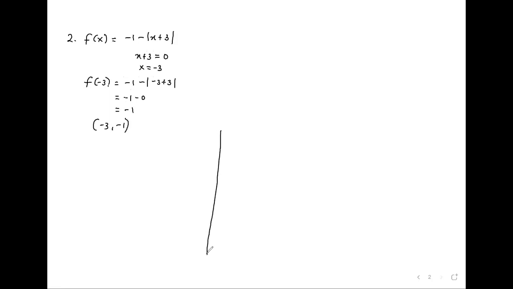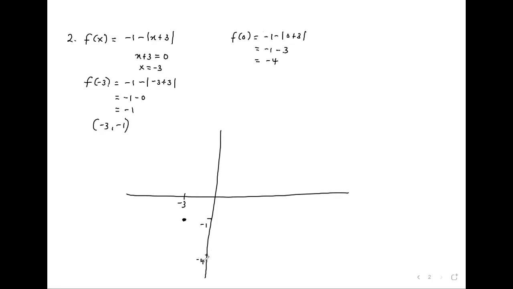So we draw the function from (-3, -1) there. Let's pick 0 to the right. f of 0 is -1 minus the root of 0 plus 3. This is -1 minus the root of 3, which is about -4. -4 is less than -1, meaning the graph is coming down.